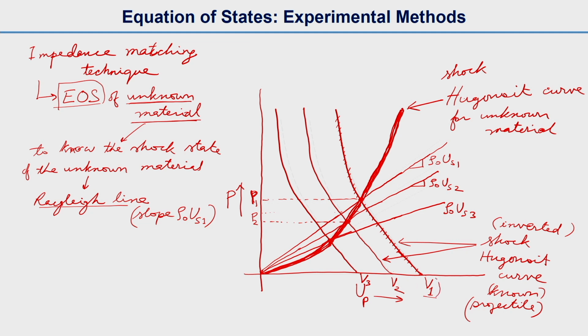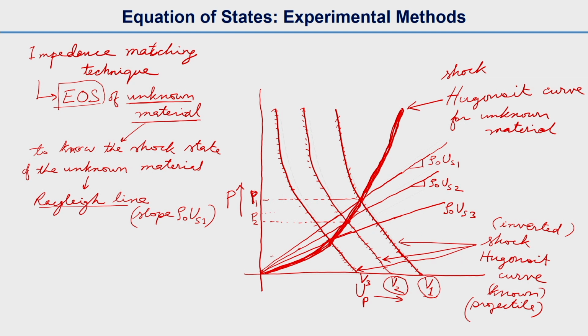Then we did the experiment again at a different impact velocity, lower than that, and we found this curve. Similarly we did a third impact velocity and got this curve. These three curves are all shock Hugoniot curves for the known material.